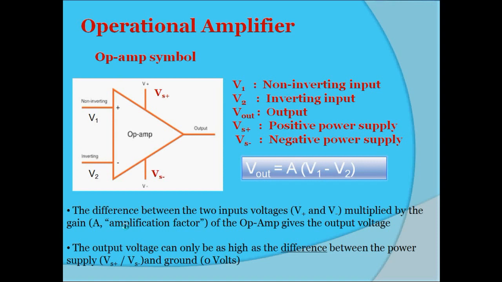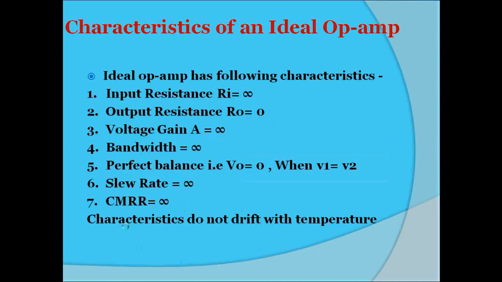The output voltage can only be as high as the difference between the power supplies, plus Vs or minus Vs, and the ground voltage 0. What this statement says is that the output voltage may be as high as the supply voltages. It should not be greater than this.